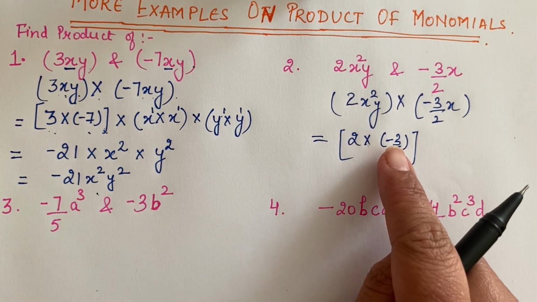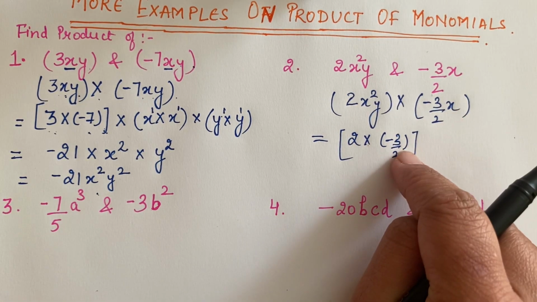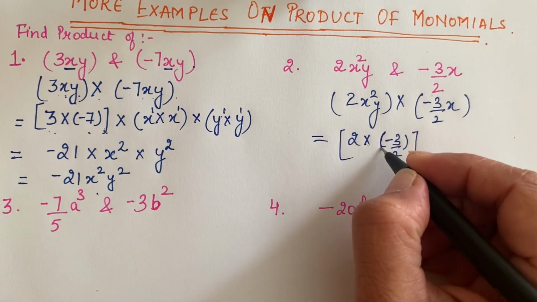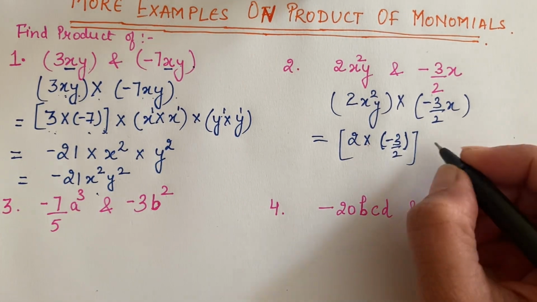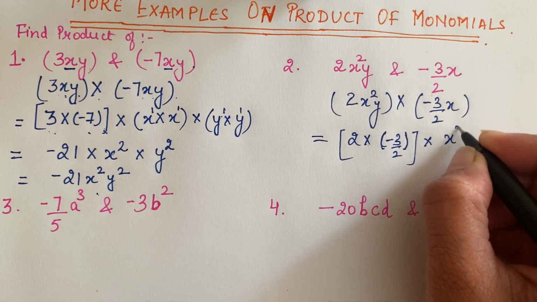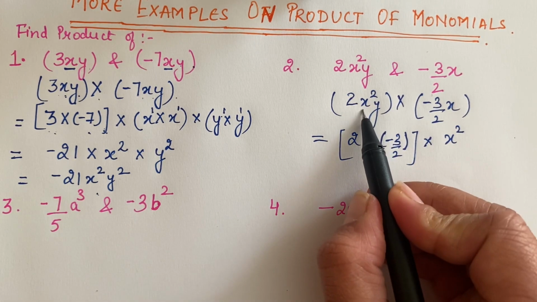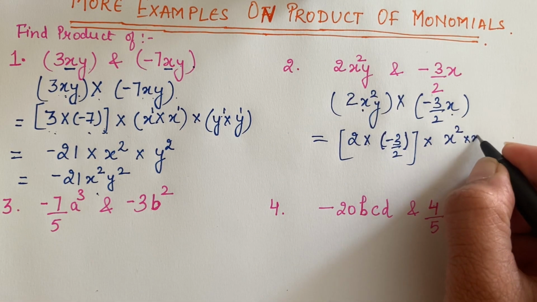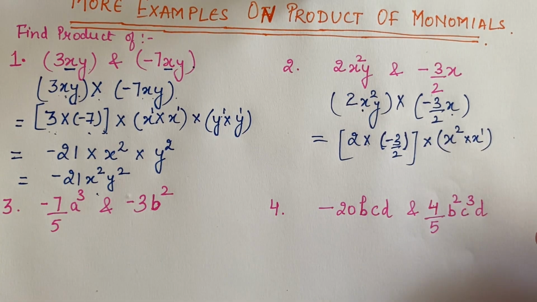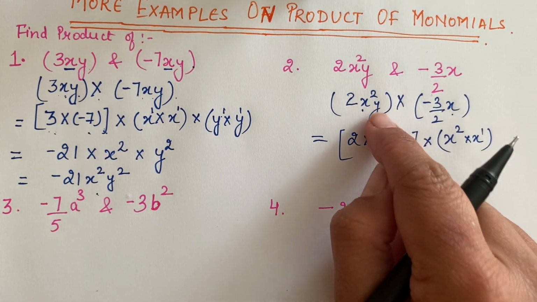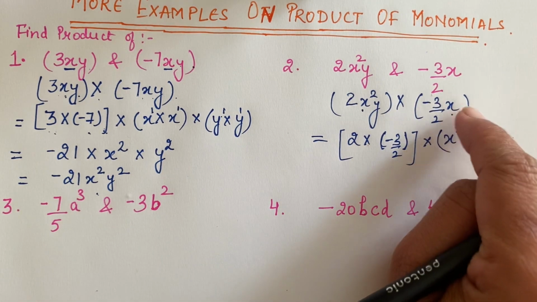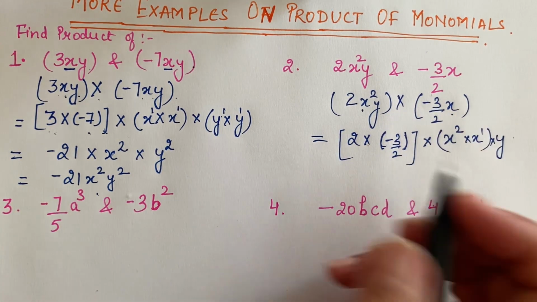Dear students, as the coefficient over here is negative, I'm writing it in round brackets, okay? Into x square, here the variable x is there whose power is 2, here variable x is there whose power is 1. So I'll be writing it in one bracket, and y will be written alone because there is no y in the second monomial.